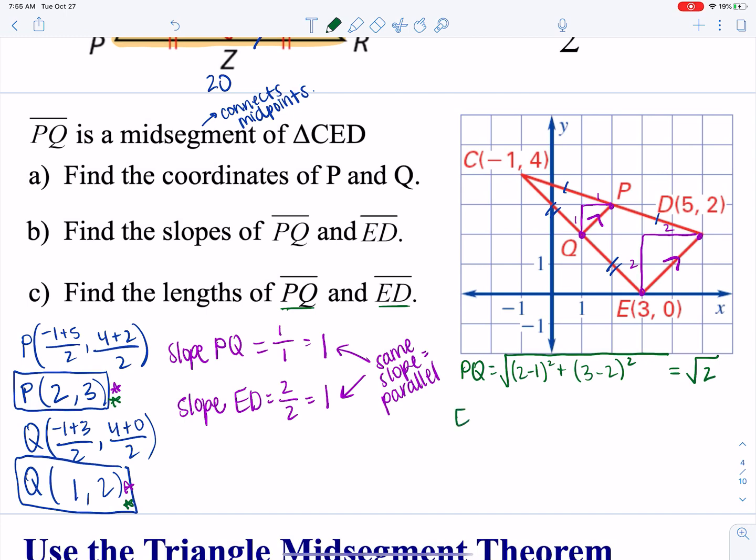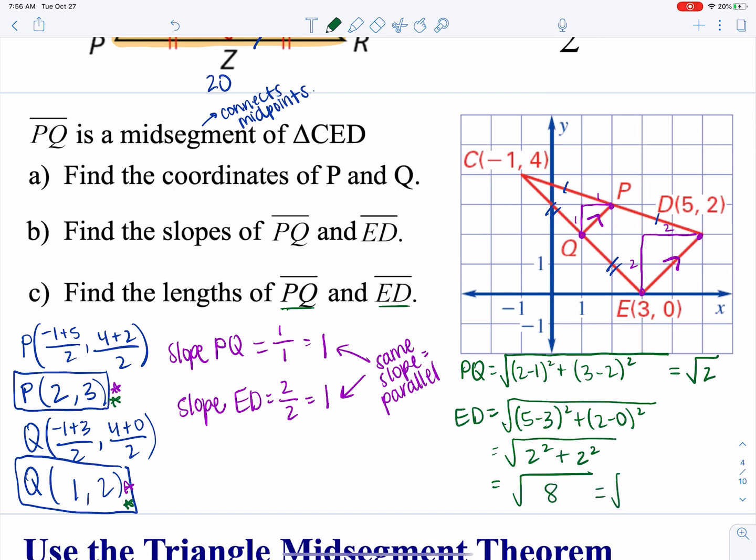Now let's find ED. Set up our distance formula. 5 minus 3 squared plus 2 minus 0 squared. 2 squared plus 2 squared equals 4 plus 4, which is 8.